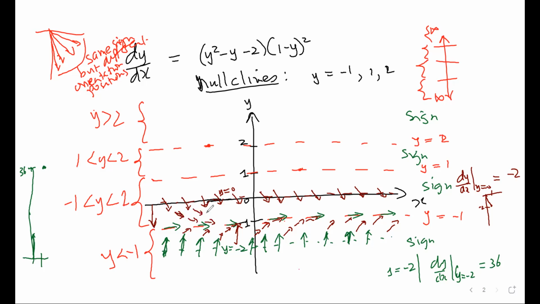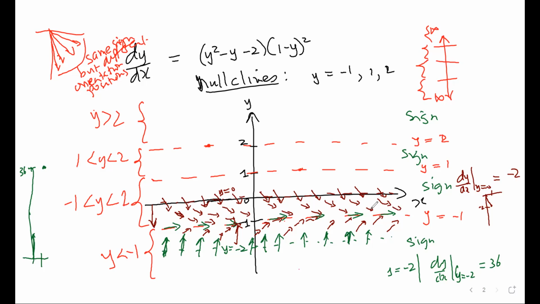So we'll just change the orientation slowly and so forth. So this is the orientation of the direction field there. It will change slowly until we get there. Okay, so this is what you will get in the direction field.